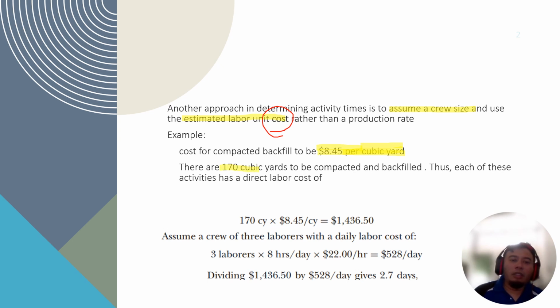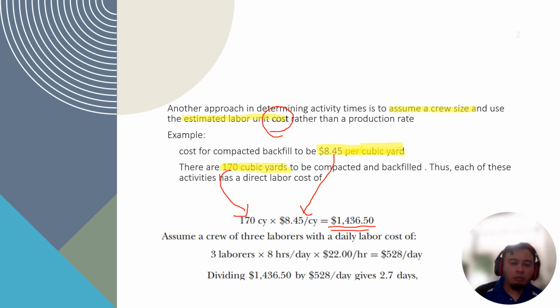In the contract you have 170 cubic yards to be compacted and backfilled. So each of these activities has a direct labor cost. You multiply, so the total cost to complete 170 cubic yards of backfilling work is 1,436 ringgit.